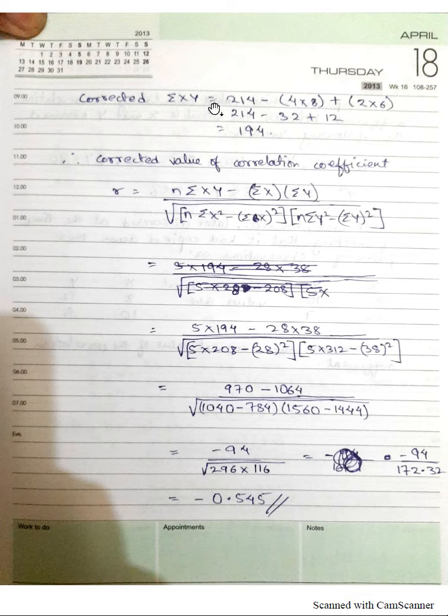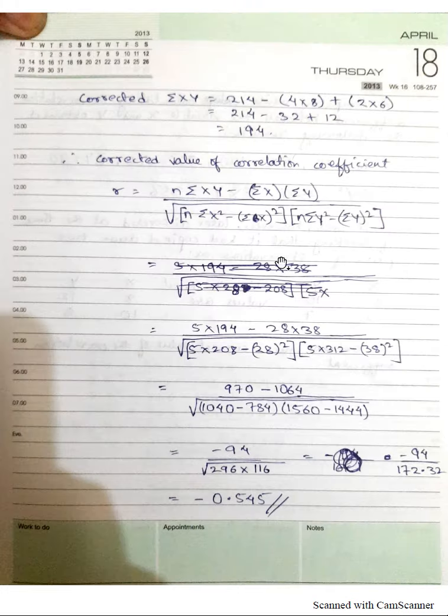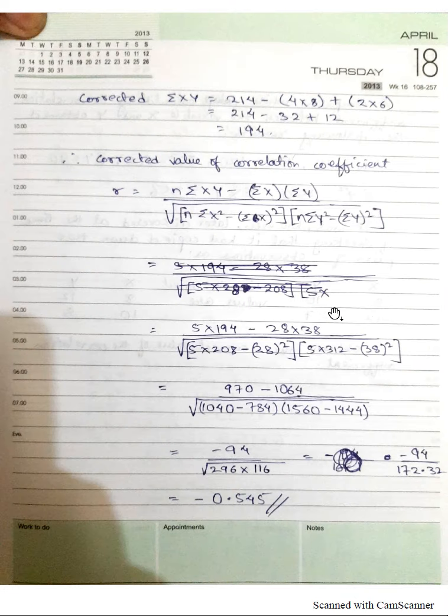So corrected summation xy will be 214 minus the wrong product of x and y, that is 4 into 8, plus the correct product, that is 2 into 6. So this will be equal to 214 minus 32 plus 12, which is equal to 194.